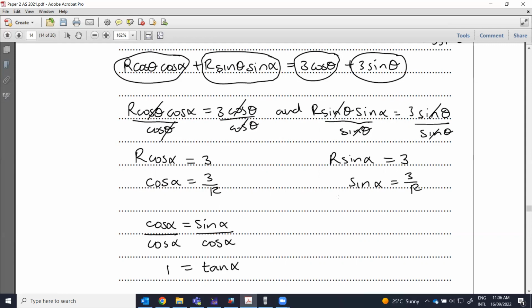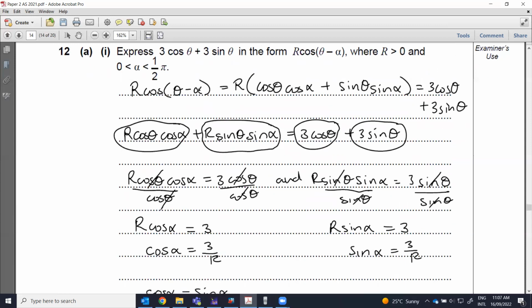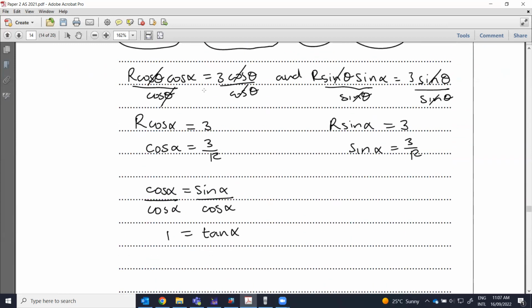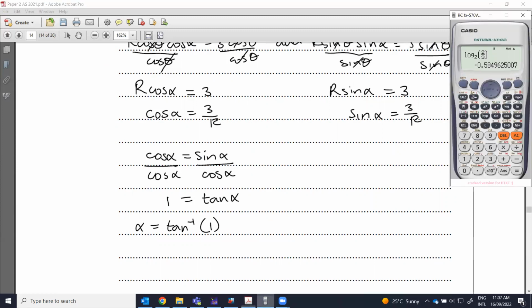Now, because I know that my angle alpha is between 0 and pi over 2, that means my angle is acute. To get alpha, I will just say tan inverse of 1. Now, again, my calculator must be in radian mode. Let's see, mode, shift, setup, so I go to radian mode 4.